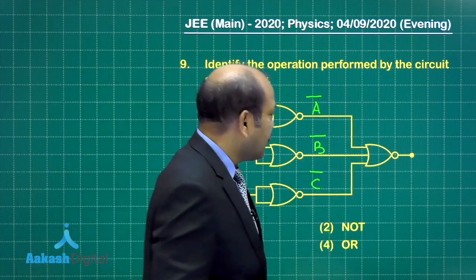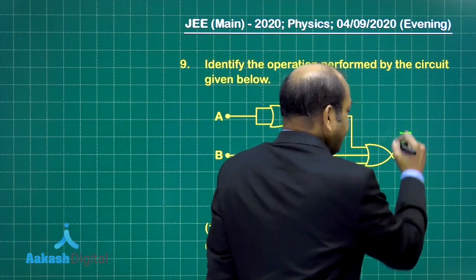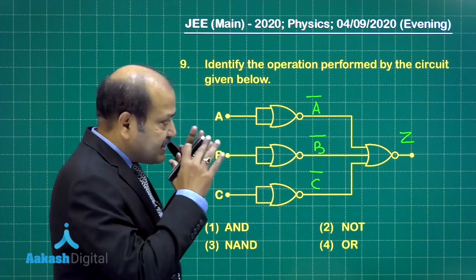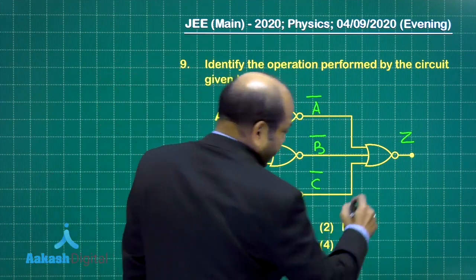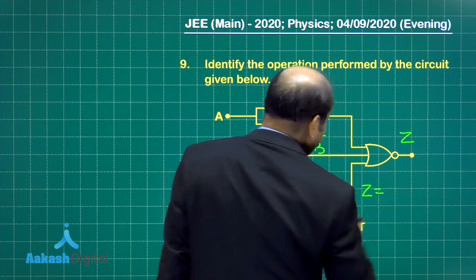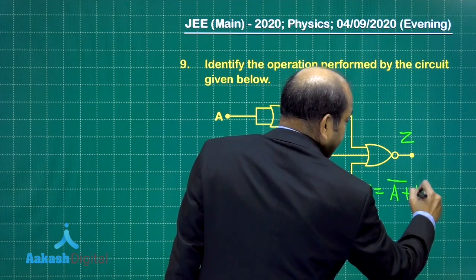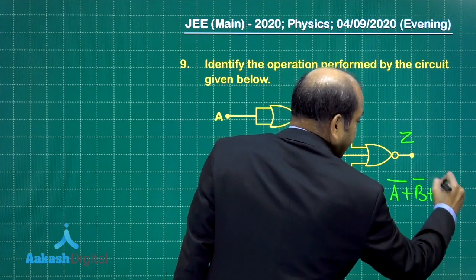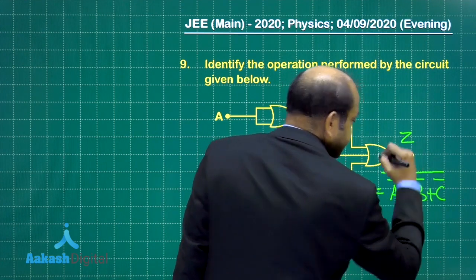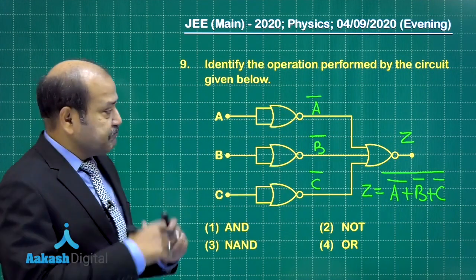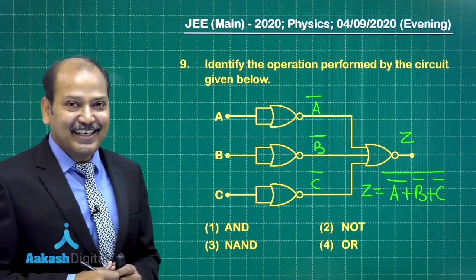And if we call the output here as Z, then we can say that Z is in fact given as A bar plus B bar plus C bar, and of course the complement of this. That is what Z is.